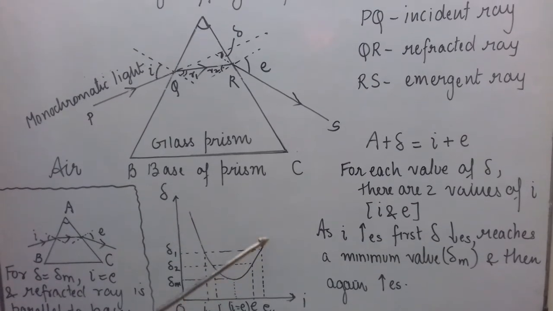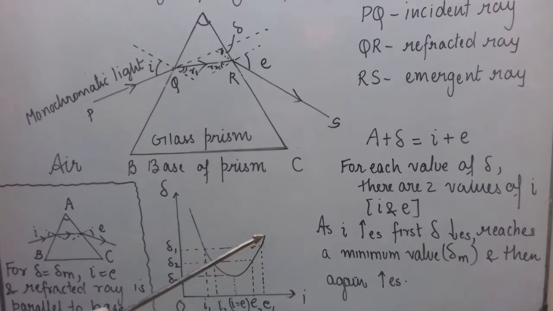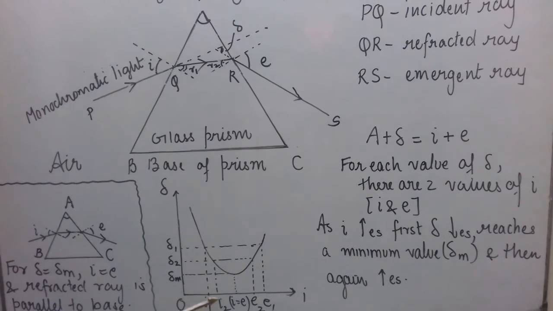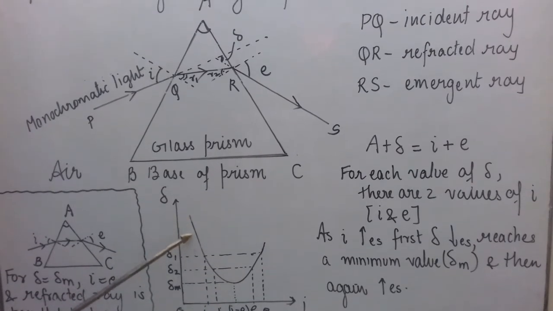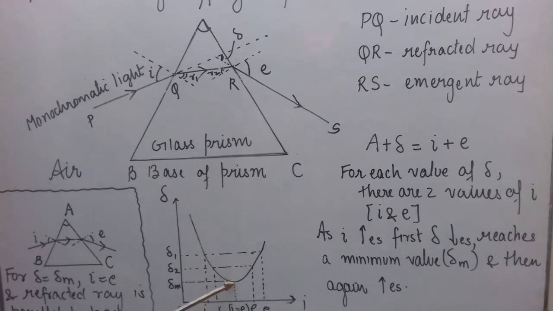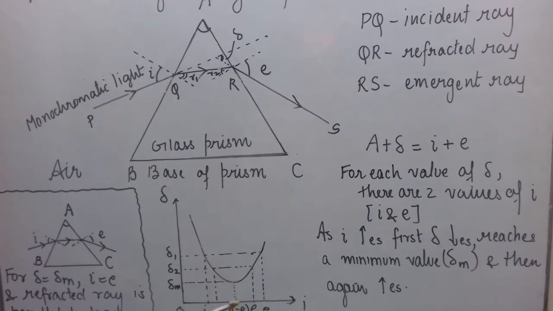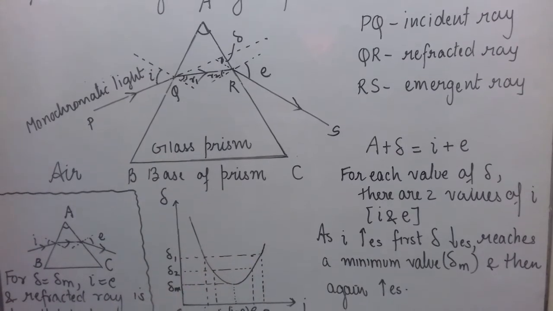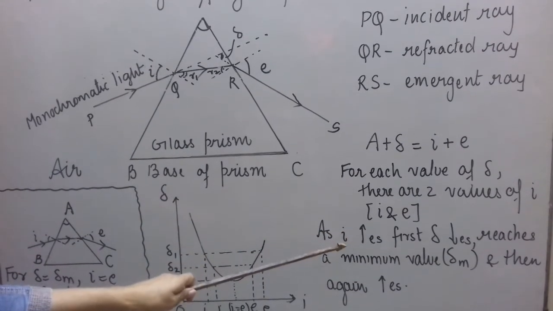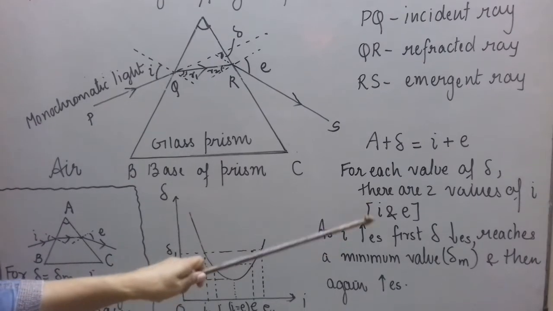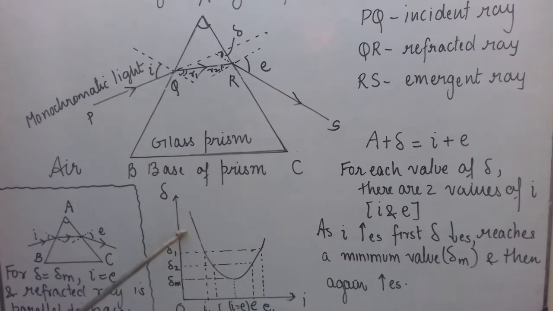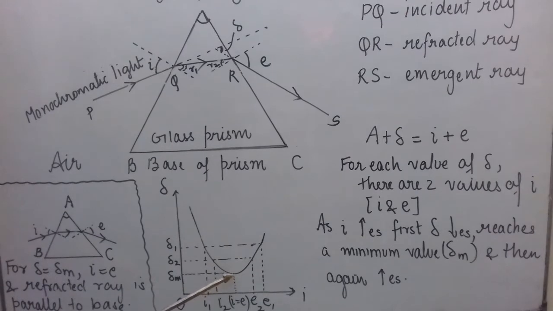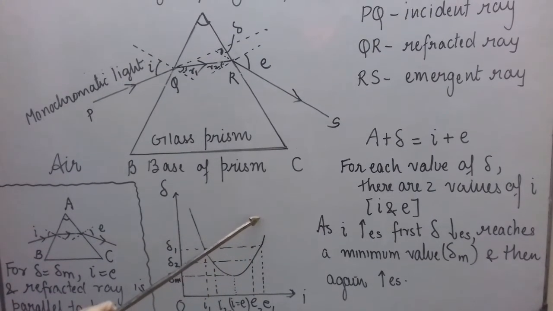This will be the nature of the graph, and from the graph we can see that as i increases, delta decreases, and then it reaches some minimum value, and again when i is increasing, it starts increasing. So overall we can say as i increases, first delta decreases, reaches a minimum value, and again it starts increasing.